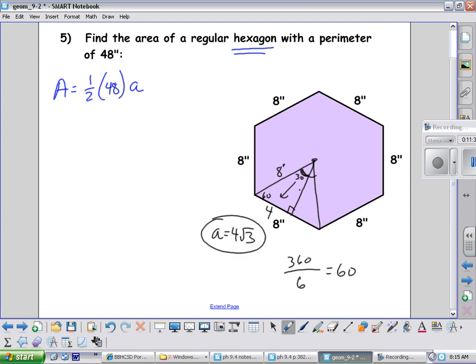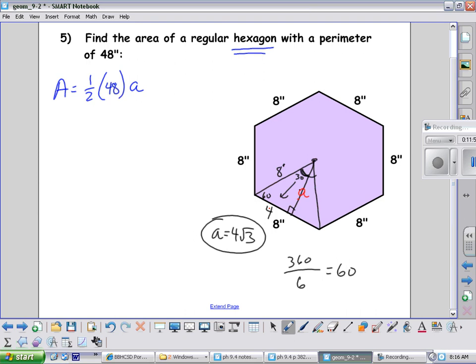I'm not going to go through that tangent process again. You could do that tangent process again to find this A. But if you know your 30, 60, 90 triangle, you can just go ahead and plug in the 4 there and say, okay, the apothem is 4 square root of 3, and the hypotenuse is 8.